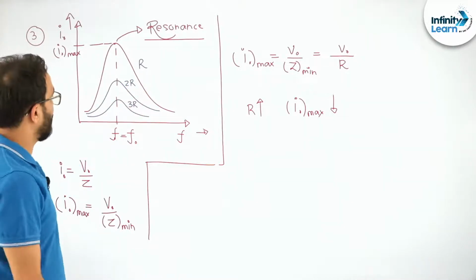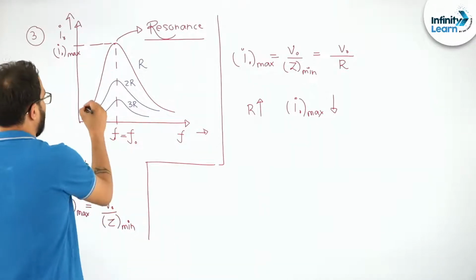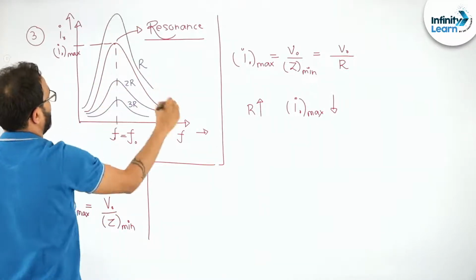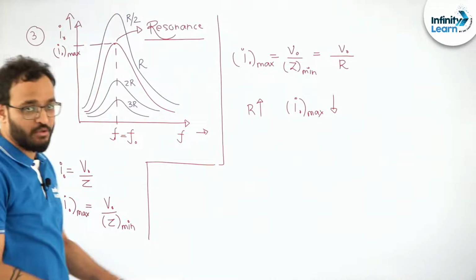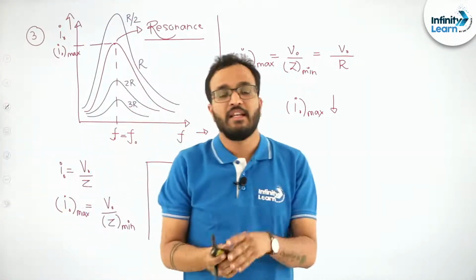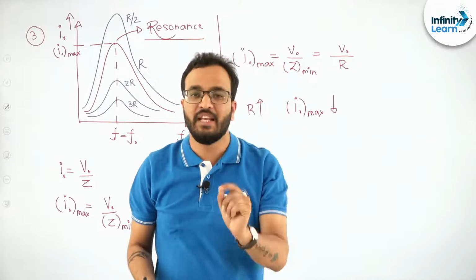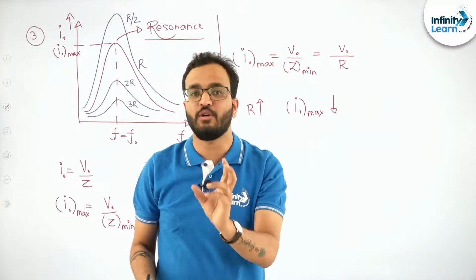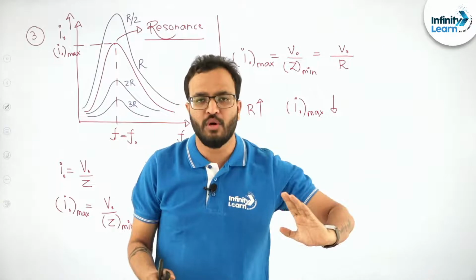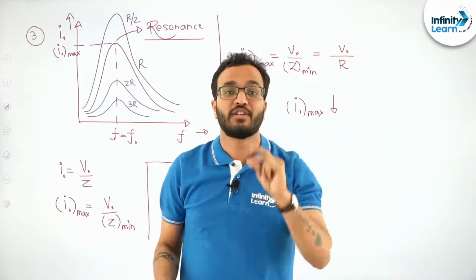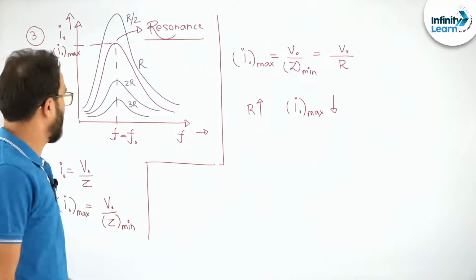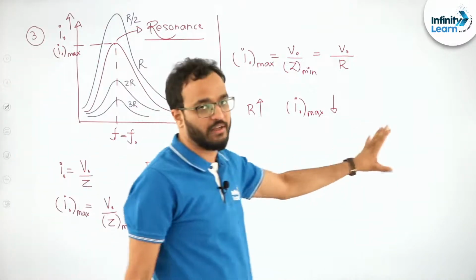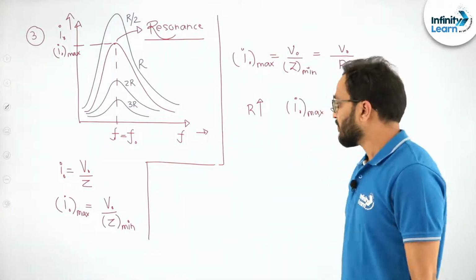And if somehow you reduce R, suppose you say R by 2, then it will rise. So as you keep on reducing the value of R, the peak value of the current, the maximum value of I naught, will be very high, and it will show a sharp rise here. I hope you are understanding this fact, this is not so difficult. I hope it is clear.